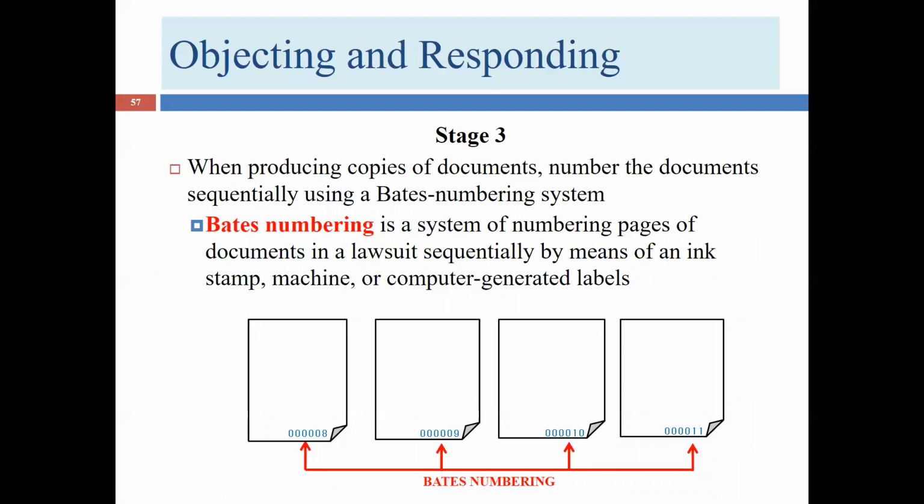Well, yes, I did. Well, no, you didn't. Well, yes, I did. I mean, how can you prove that? Well, Bates numbering allows the parties to confirm that. And so let's say I'm the recipient of the request for production data, and I go through it and I'm looking for numbers, and if it says I'm supposed to have 00008 through 00011 and I don't see 00010, well, I'm going to call up the attorney or the paralegal and say, hey, I'm missing 00010, please send me another copy of it.